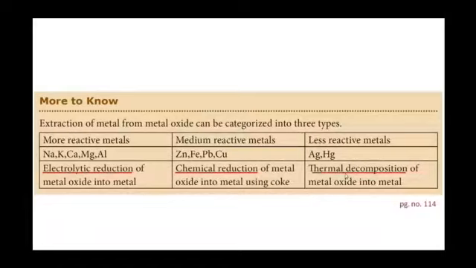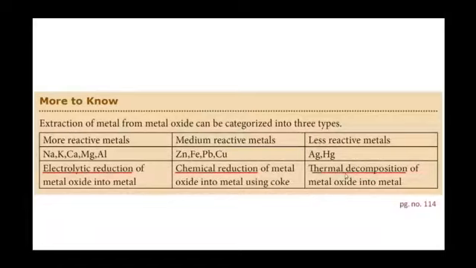If a metal is a less reactive metal, then by normal heating, that is by thermal decomposition, the metal can be extracted from its metal oxide.